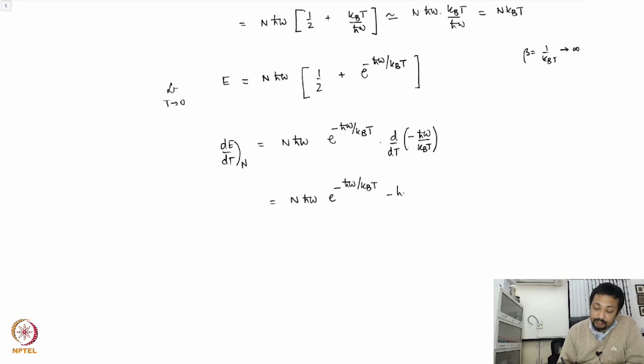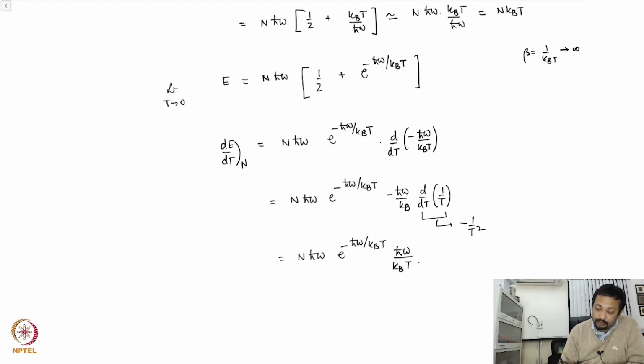I have a minus h bar omega over kB, and the derivative d/dT of 1 over T gives me minus 1 over T squared. So this is minus 1 over T squared. So I have n h bar omega times minus h bar omega over kB, and I'm going to have h bar omega over kB T squared.